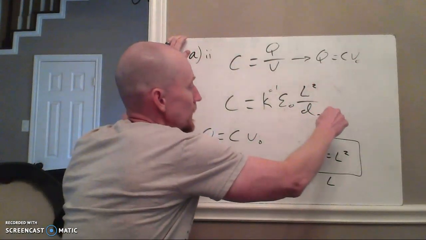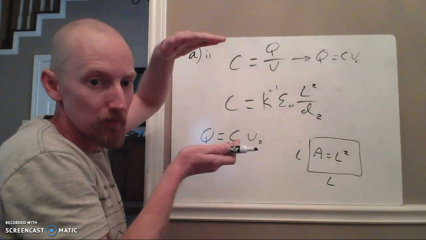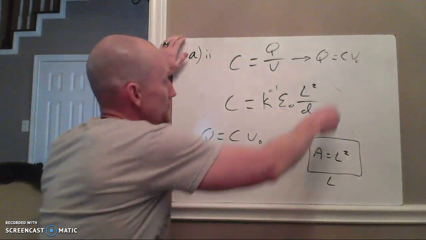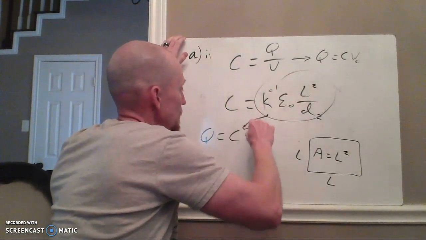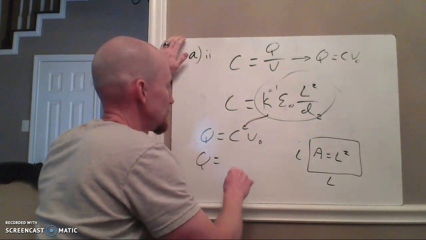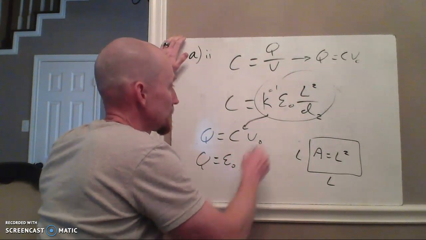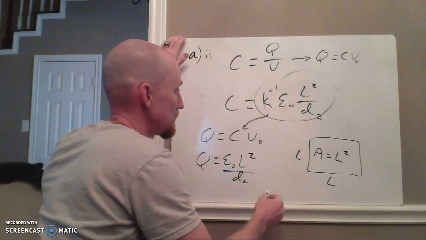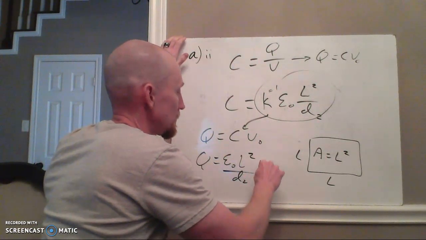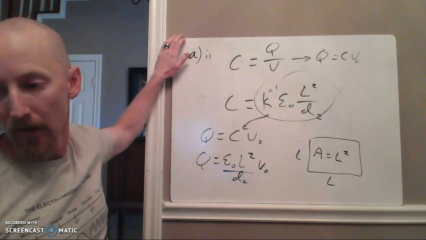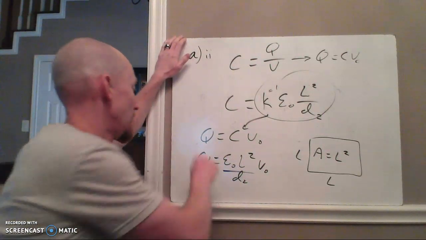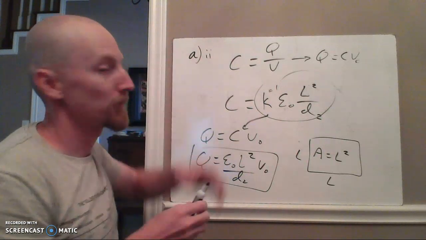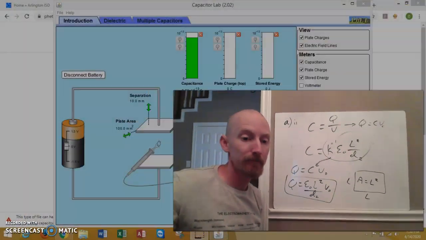The distance is now D2, because remember, we made the distance smaller. So if I take all this stuff and I cram it in here, I get Q is equal to epsilon naught, K is 1, times L squared over D2 times V naught. And there you go. That's the equation that they want for part A double I.